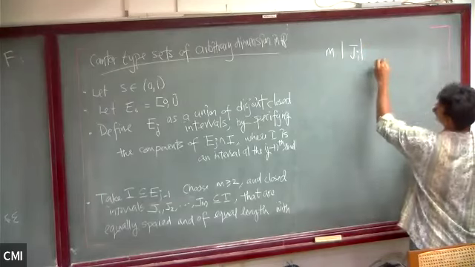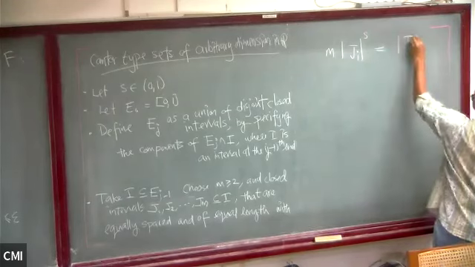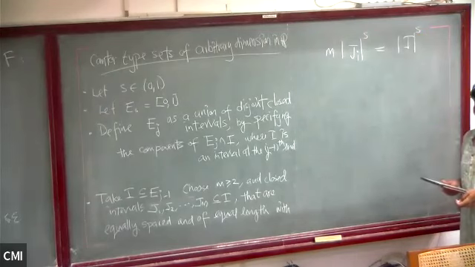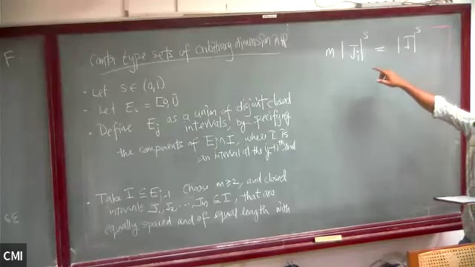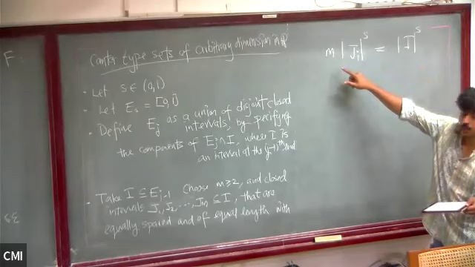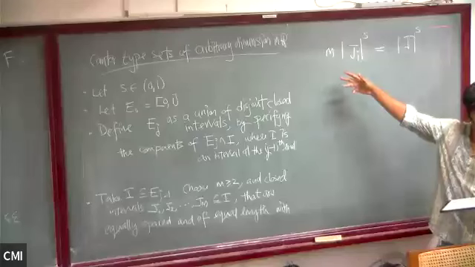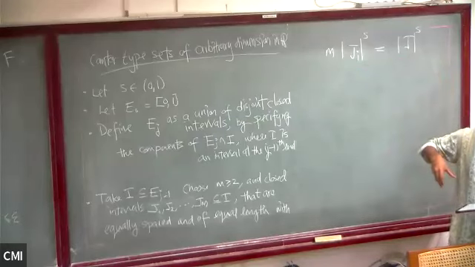So m times |J_i| to the power s is actually equal to |I| to the power s. Think about the Cantor construction: in that case m was always equal to 2, so at the jth level you choose two subintervals.